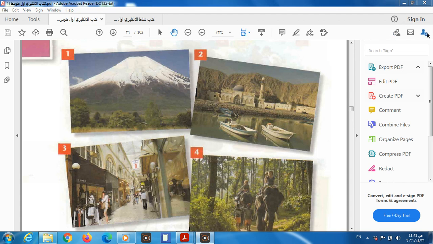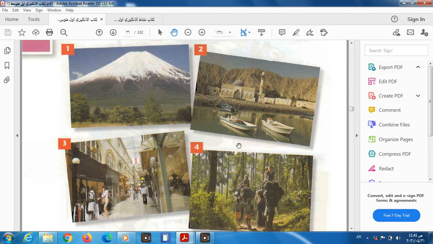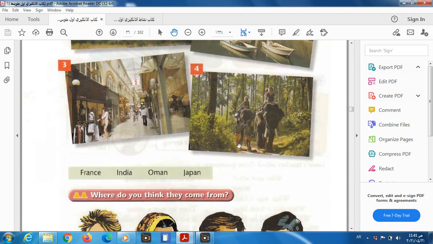And we also have 4 countries, which are they? France, India, Oman, Japan. Please repeat after me. كرر وراي حتى تضبط لي pronunciation اللفظ. France, India, Oman, Japan.